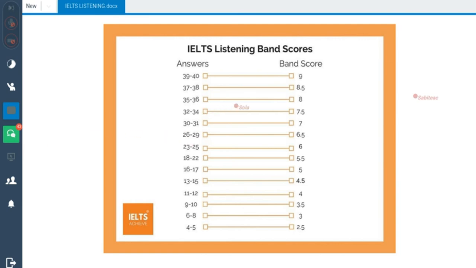All right, good. So to have a score of 8.0/9.0, you have to be able to score 35/40 or 36/40. To have a score of 7.5/9.0, you have to be able to score 32/40, 33/40, or 34/40. To have a score of 7.0/9.0, you have to be able to score 30/40 or 31/40.